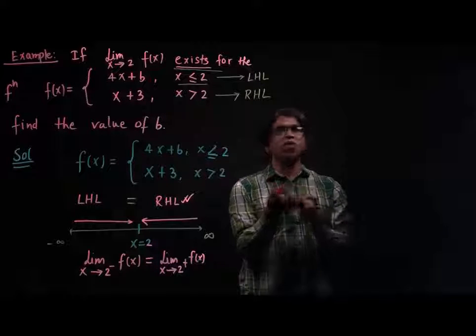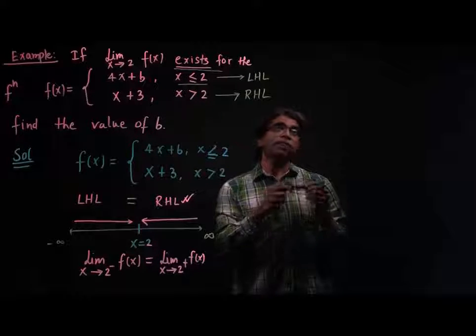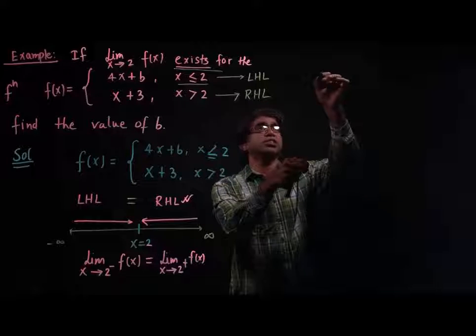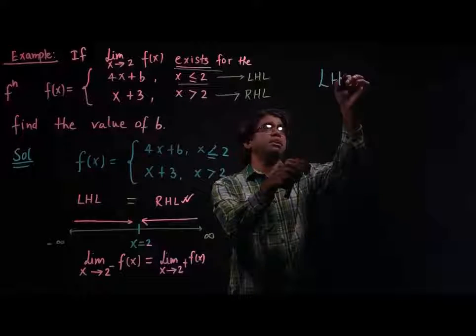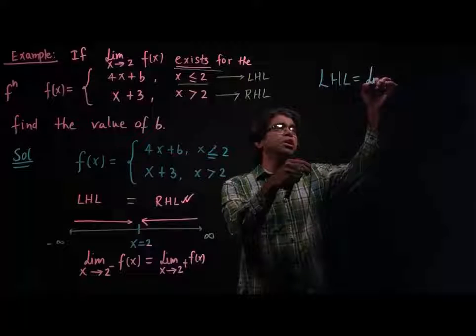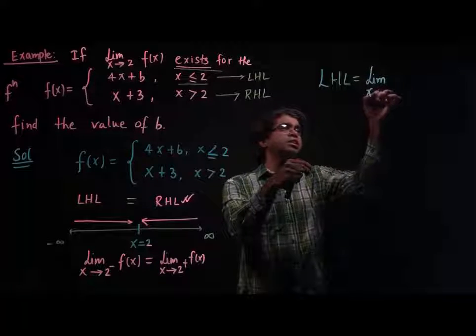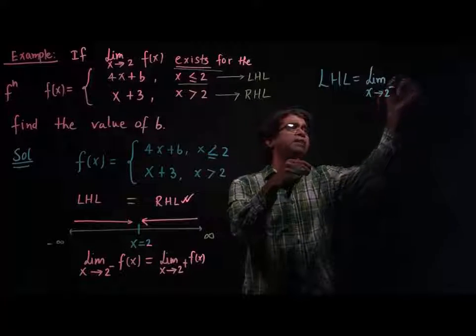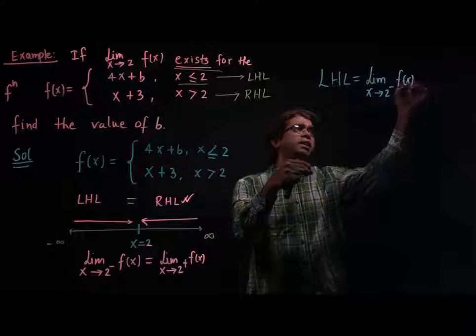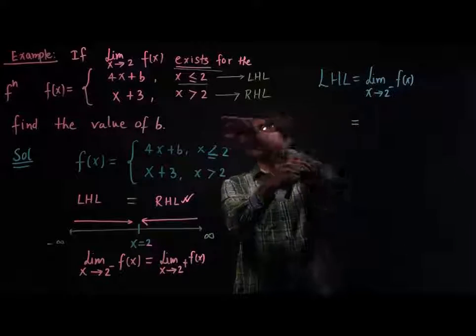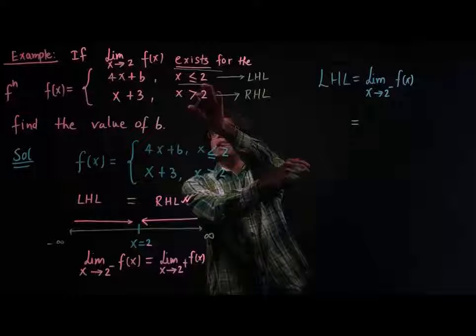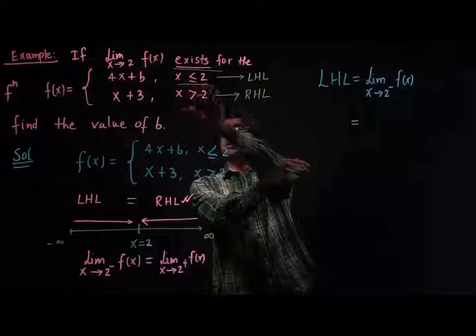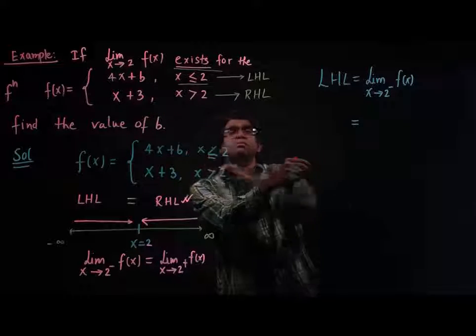So I'm going to find the left hand limit of the function. The left hand limit is equal to limit x tends to 2 minus f(x). We are finding the limit for x less than or equal to 2, which is this part of the function.